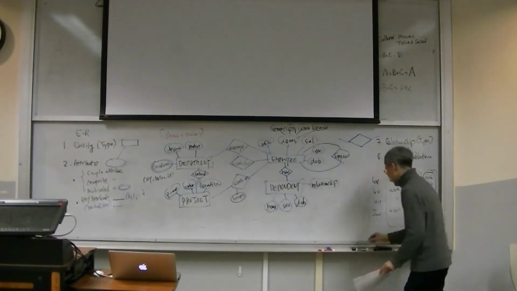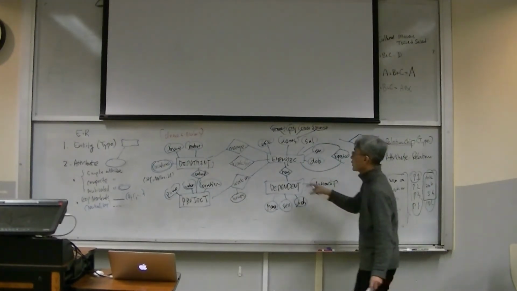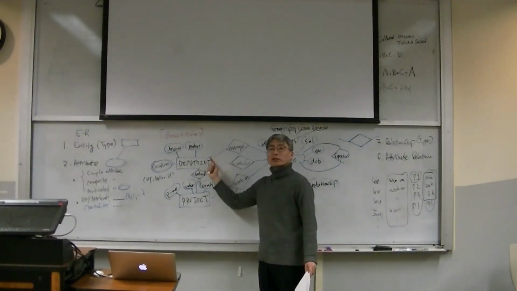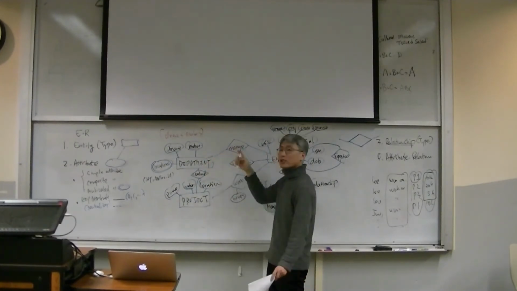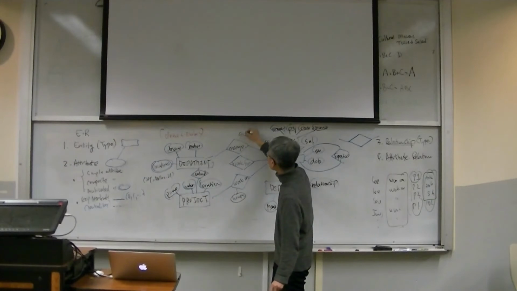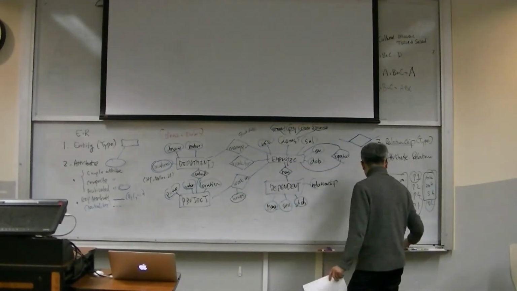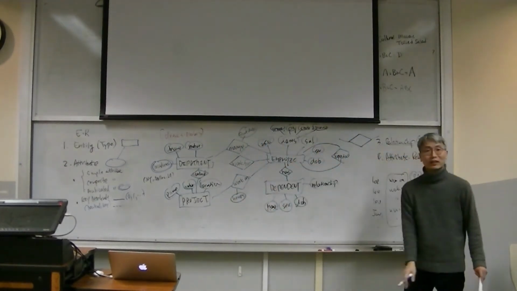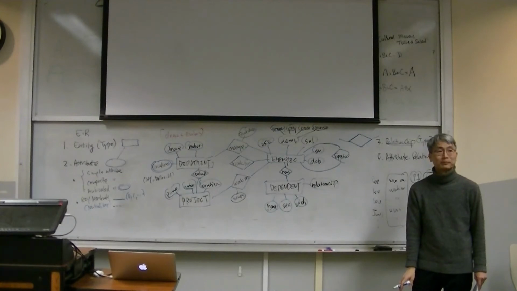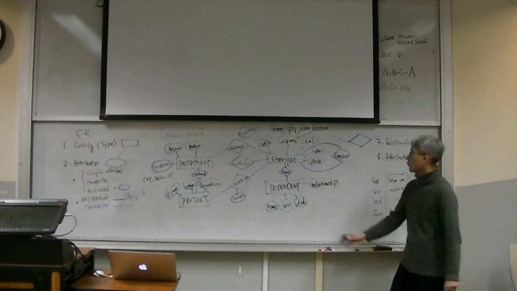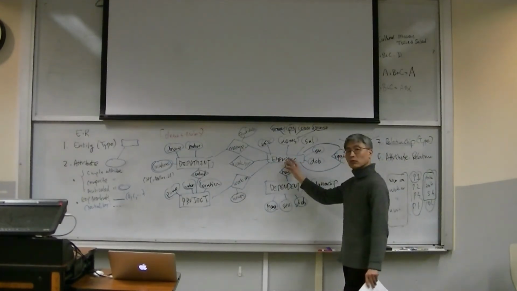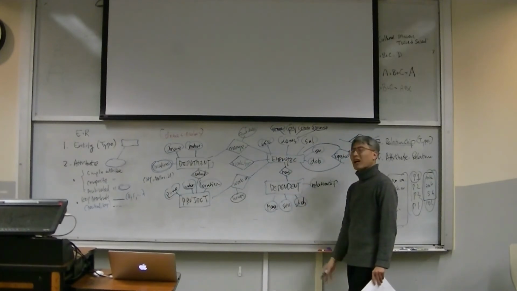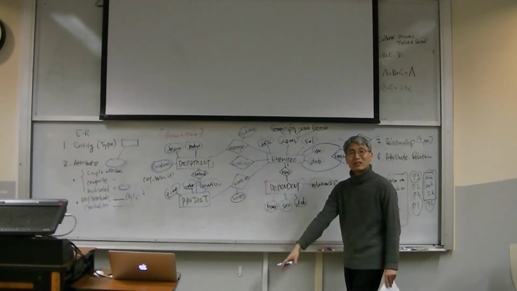One more thing is, if you see this manager, where's the start date? Start date of what? Manager. So start date can be the attribute of the manages relationship. Okay? If we put the start date here, not all employees are managers, right?